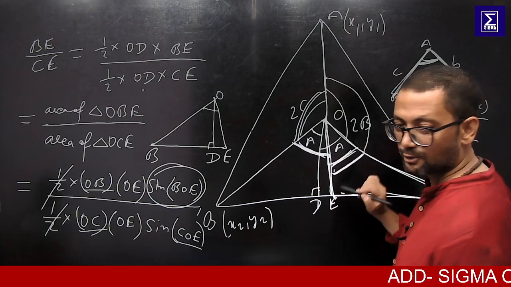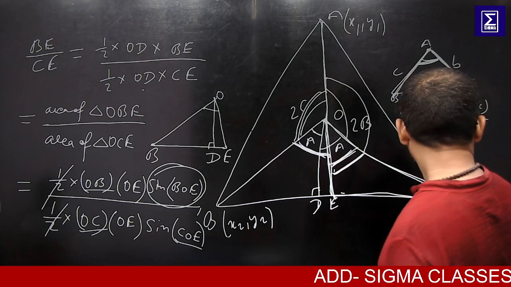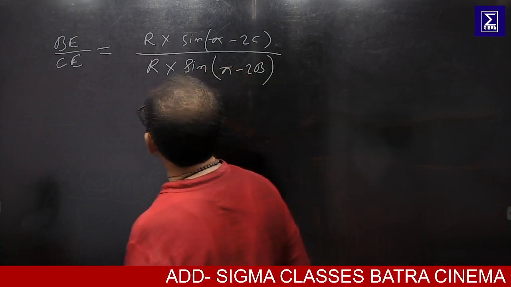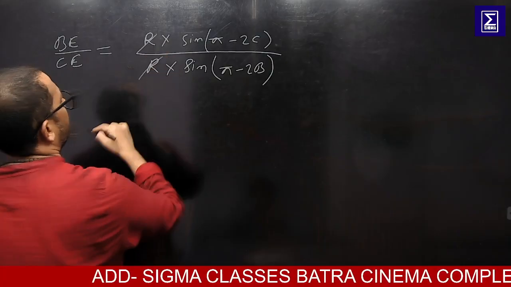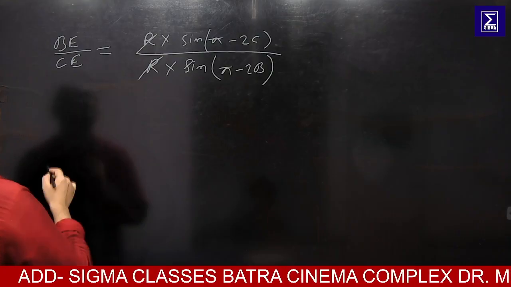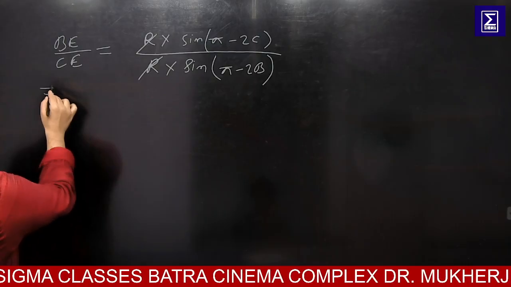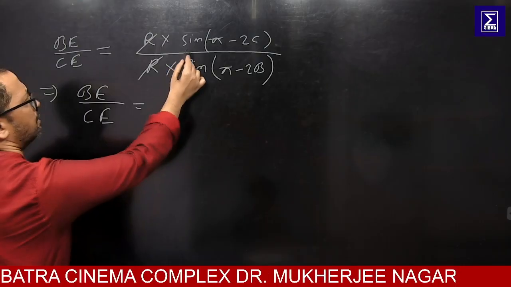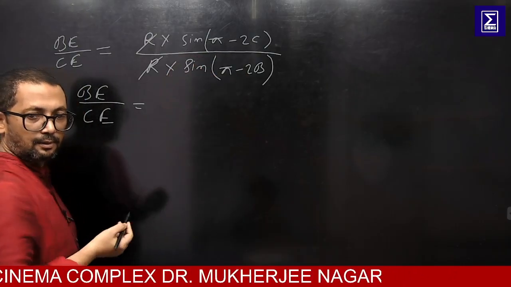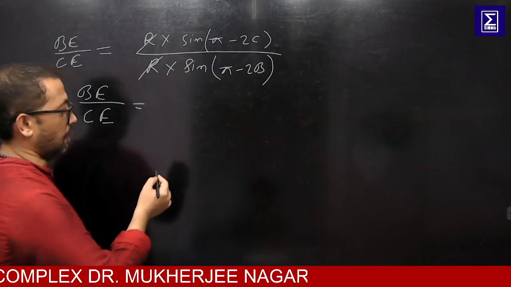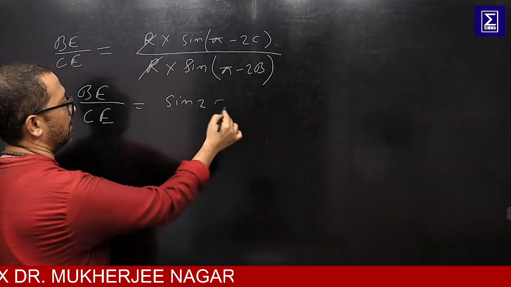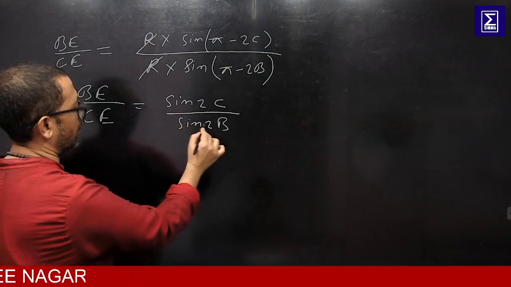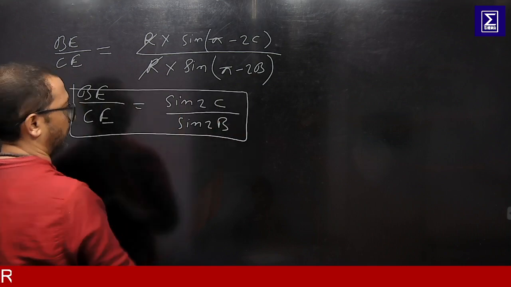So it is pi minus 2B. Again R and R get cancelled. BE upon CE is equal to sine of 180 minus theta, sine theta, so sine 2C, and sine pi minus 2B is again sine 2B. This is the relation we are able to establish.